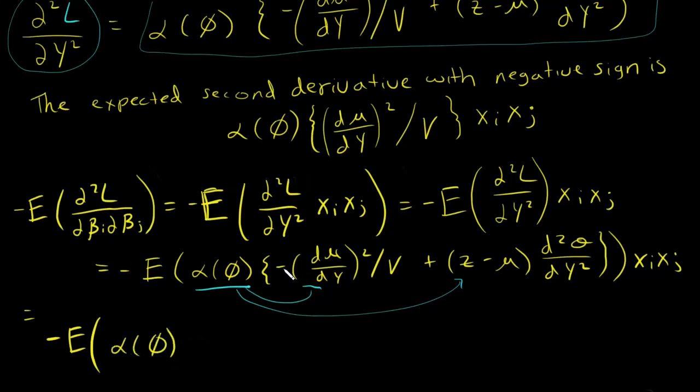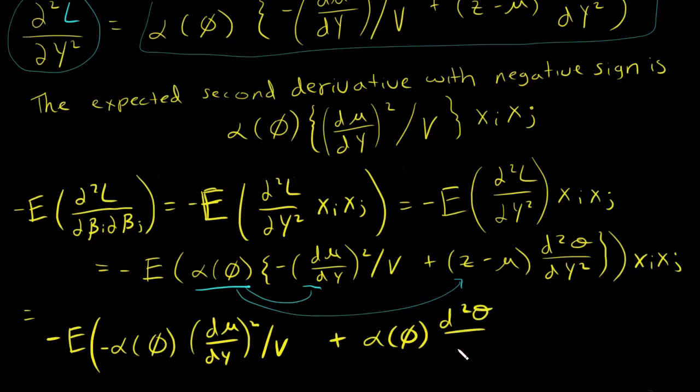Okay, I have this negative sign. I'm just going to put it out front. D mu dy squared divided by v. Okay, plus alpha of phi. I'm going to move this out front of the product. Okay, z minus mu. Okay, all right, so I've successfully distributed, close up those parentheses, xi, xj, still hanging out in the back.